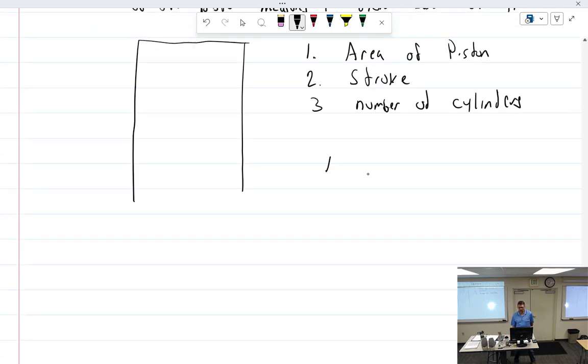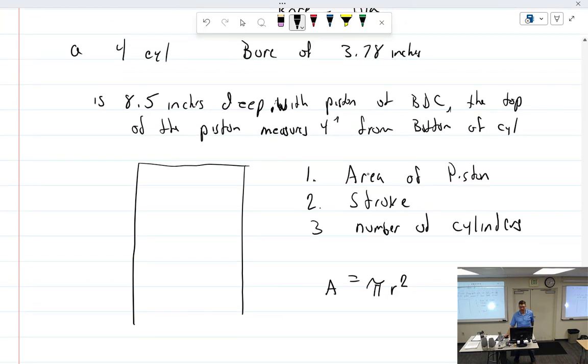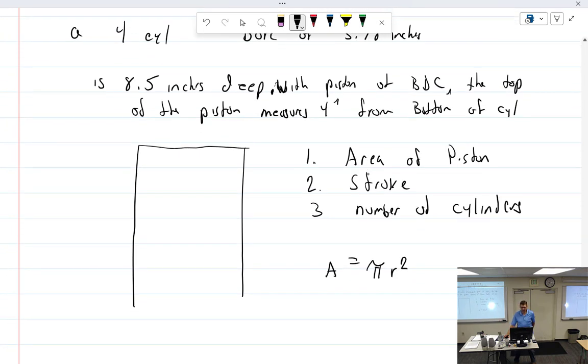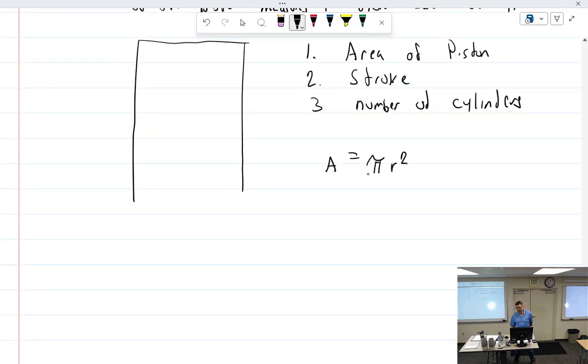So the area of a circle, because a piston is round, equals pi times radius squared. And since I have a bore of 3.78 inches, what is my radius? Oops, change my page.